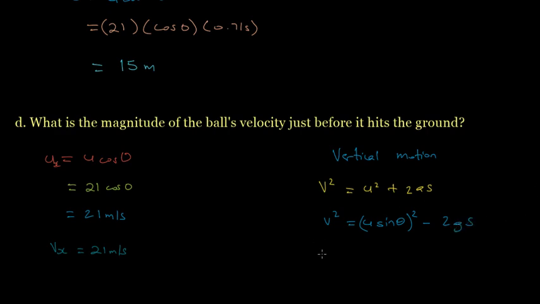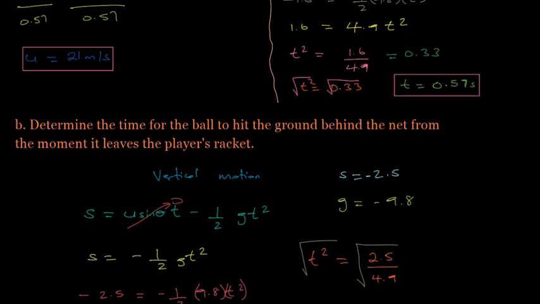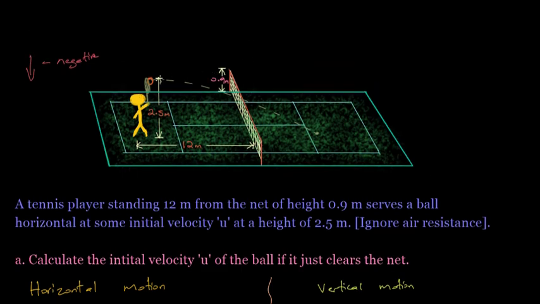Remember the object had 0 initial vertical velocity, so that term goes to 0, and we have minus 2 times g, which is 9.8, times s. S is the vertical displacement, which from our diagram is from here to the ground, so it's 2.5 meters.